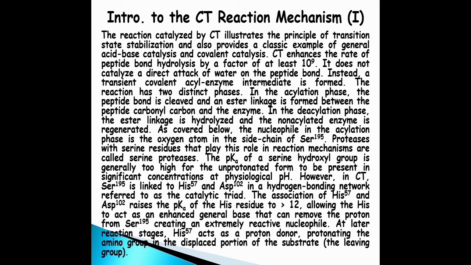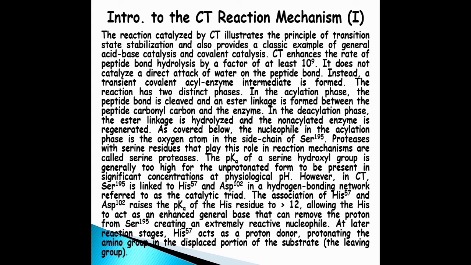The pKa of a serine hydroxyl group is generally too high for an unprotonated form to be present in significant concentrations at physiological pH. However, in CT, Ser195 is linked to His57 and Asp102 in a hydrogen bonding network referred to as the catalytic triad.